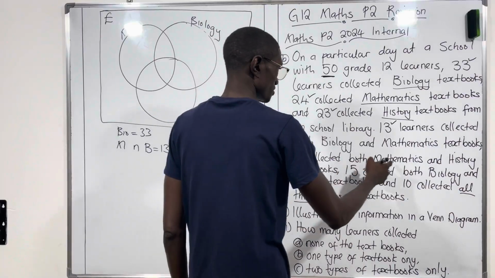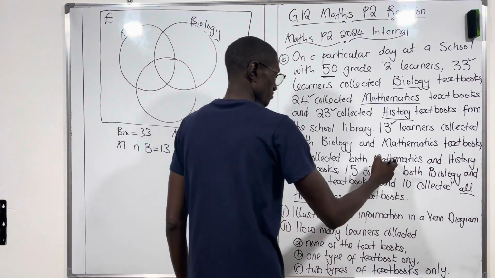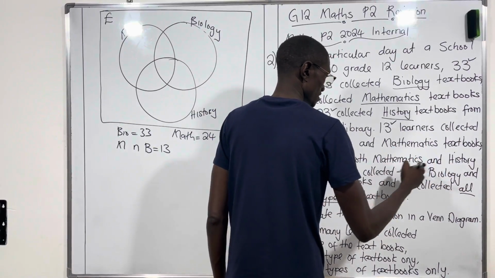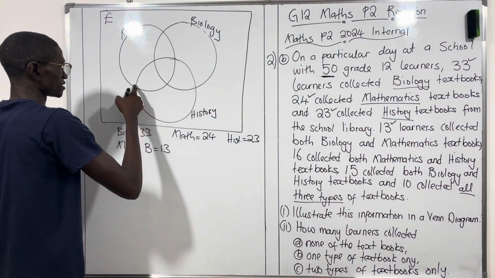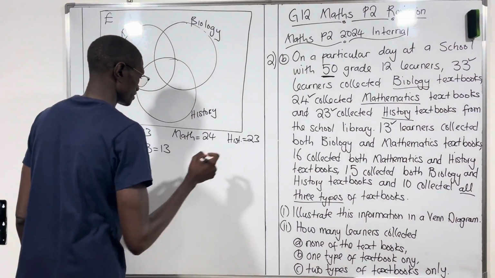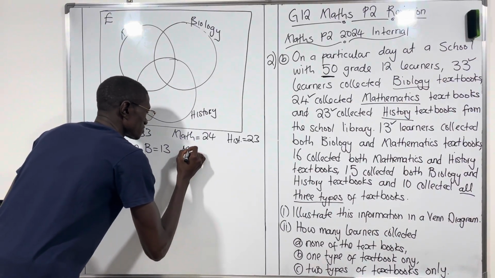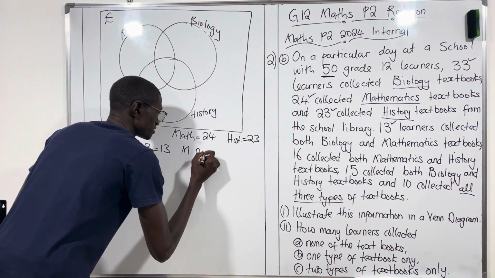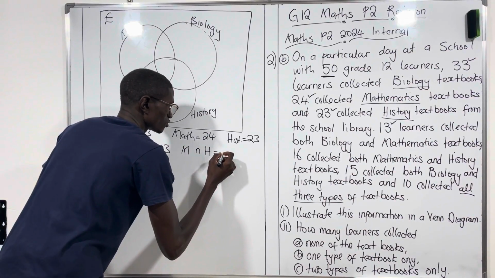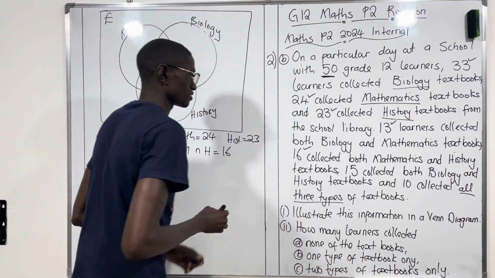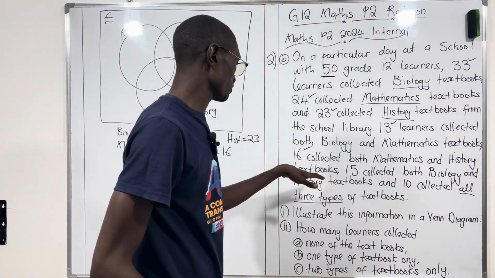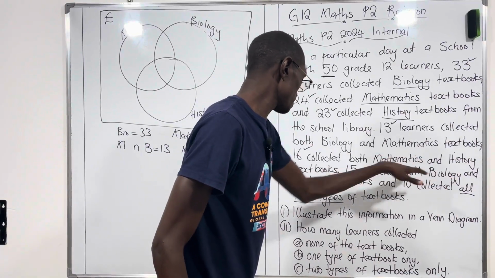16 collected both mathematics and history. The intersection of math and history, this intersection. How many are there? There are 16. So math intersection history is equal to 16. Okay, we've taken note of the 16. We continue. 15 collected both biology and history.